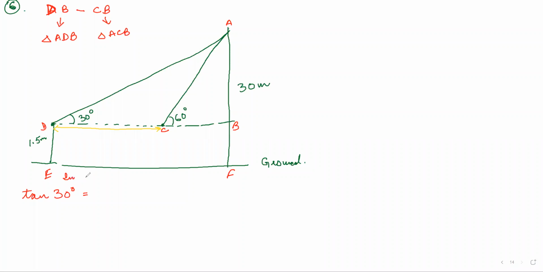Okay, I'm taking triangle ADB. So in triangle ADB, tan 30 is perpendicular by base. How much is my perpendicular, Rida? Hamna, how much is my perpendicular? Please unmute yourself, both of you. What is the value of AB? 30 meter. Hamna, what about you?